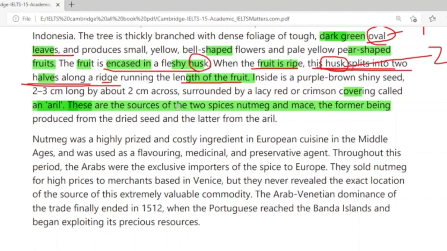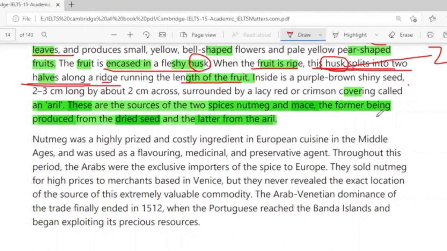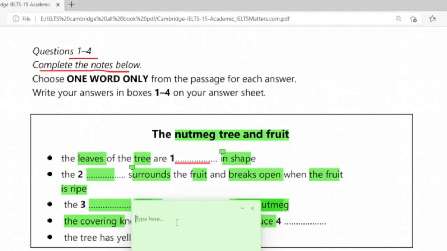These are the sources of the two spices, nutmeg and mace. The former is produced from the dry seed and the latter from the aril. So the dry seed is used for the spicy nutmeg. The seed is the answer to 3. Answer would be seed.